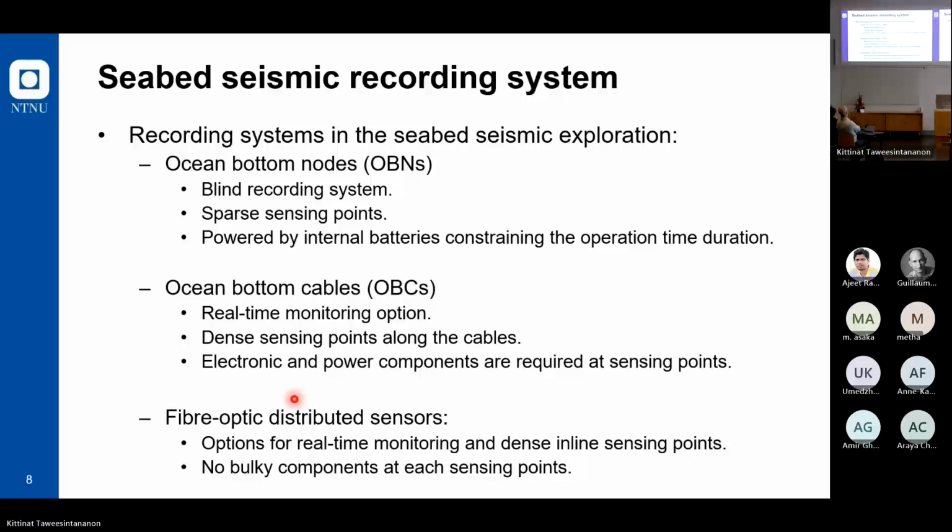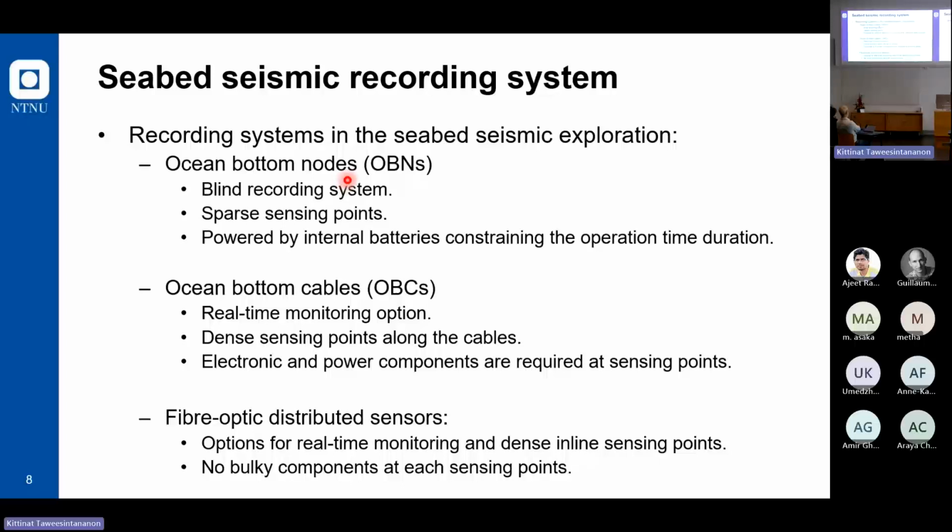For recording systems in seabed seismic exploration, the first one is ocean bottom nodes, or OBN. In this technique, the receiver is a node.